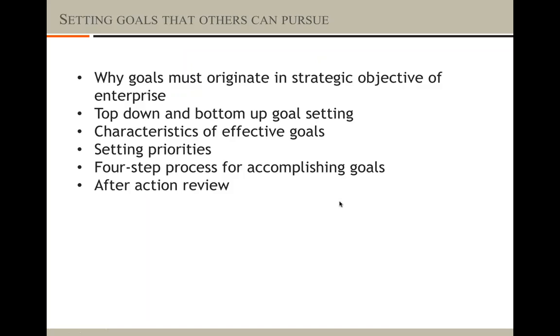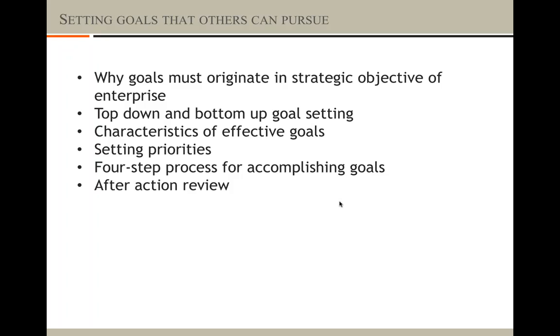Okay, so this is the second session for the goal setting module. In the first session, we learned about setting SMART goals, why goals are important, and the different levels of goal setting in organizations. In this module, we'll go a level deeper and ask why goals must originate in the strategic objective of the enterprise, and why there should be an alignment between the goals and the strategy.